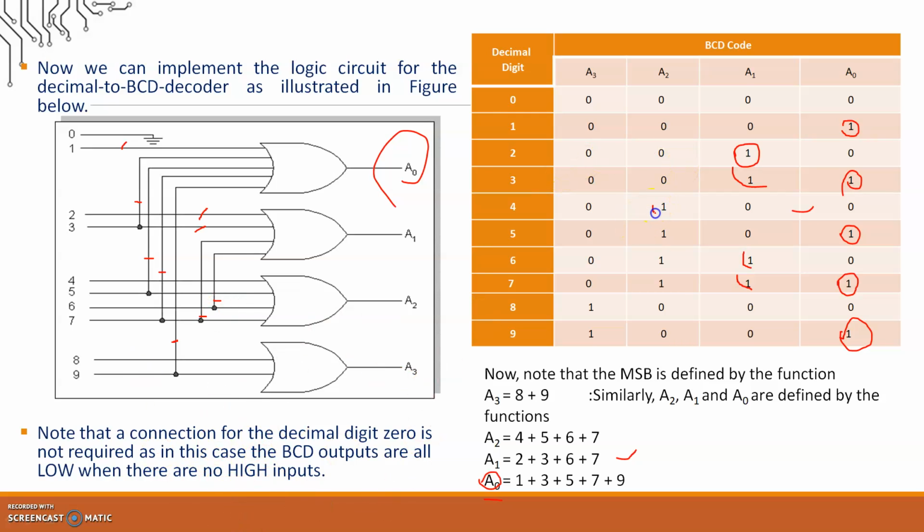A2 will be connected with 4, 5, 6 and 7. Finally, A3 is connected to 8 and 9.